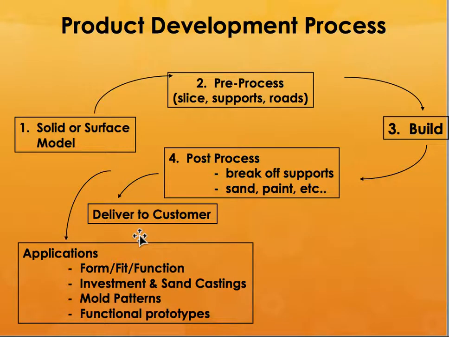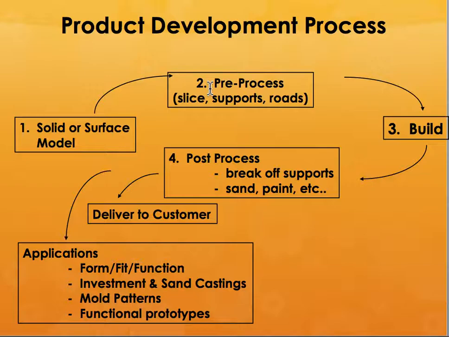So what is the traditional product development process? First you take the CAD model, then you have to pre-process it. Your solid modeling software will slice it. Then if you have overhangs and undercuts and things like that, you have to have supporting material that is not the same as your actual material itself.